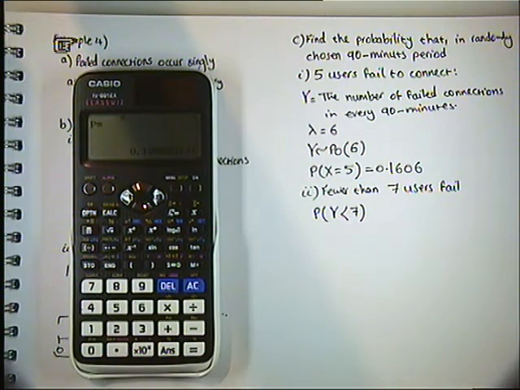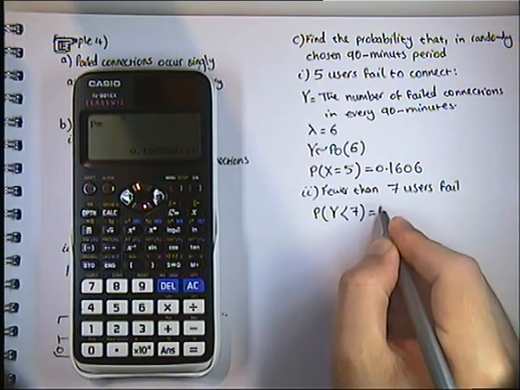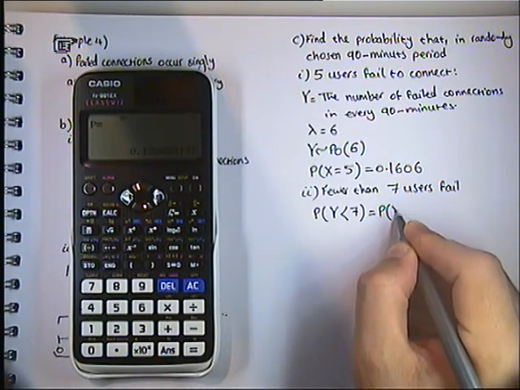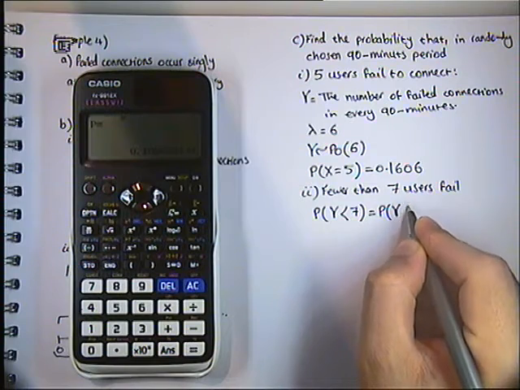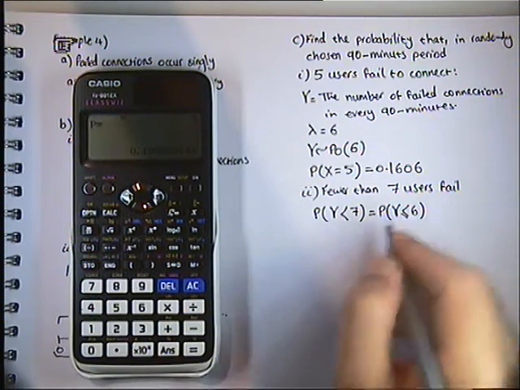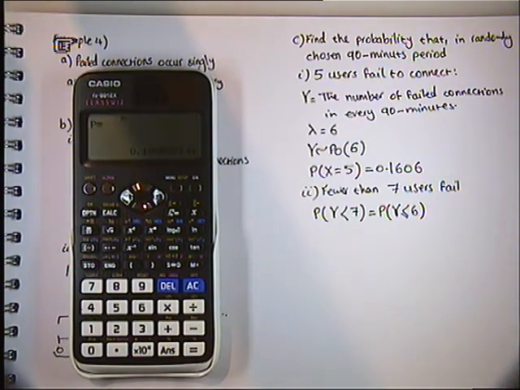So less than 7, 7 is not inclusive, therefore it would be less than or equal to 6. So it is a discrete random variable. What we mean by discrete is there cannot be 7.5 fails. It could be either 7, 6, 5, a whole number basically, an integer.